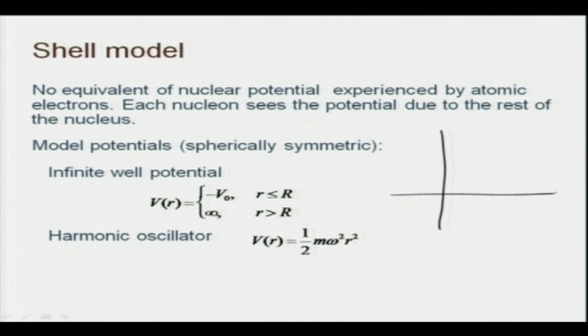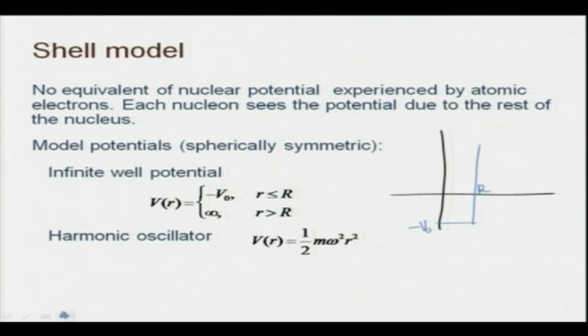If we consider the square well potential, it will look like minus V0 for radius less than R, and is infinity otherwise outside.